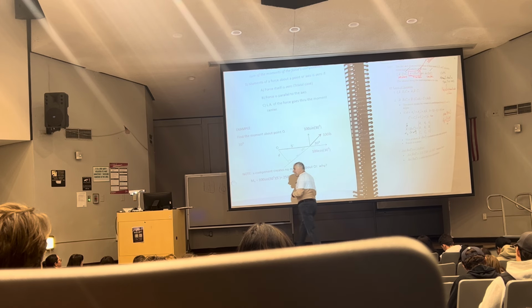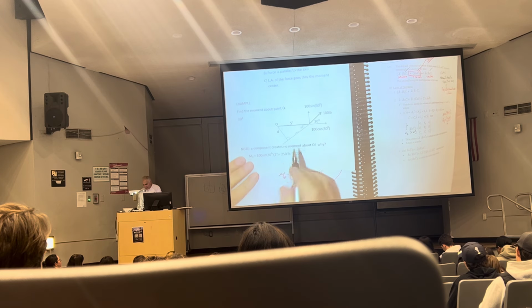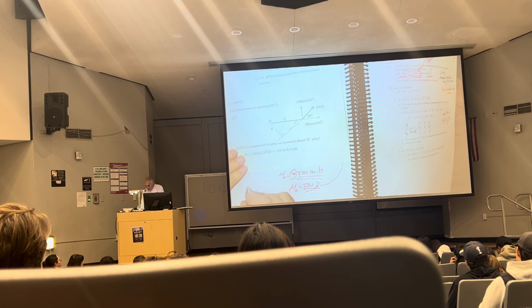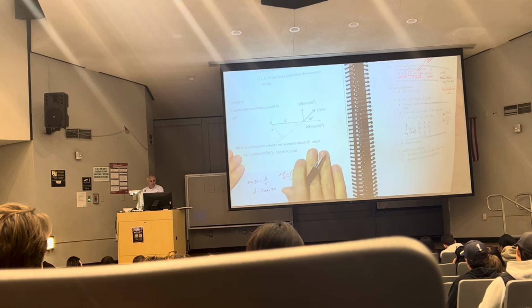Now, if you really look at it real close, what is this distance D? That's 30 right here. Sine 30 is equal to opposite D over 5. So really D is 5 sine 30.